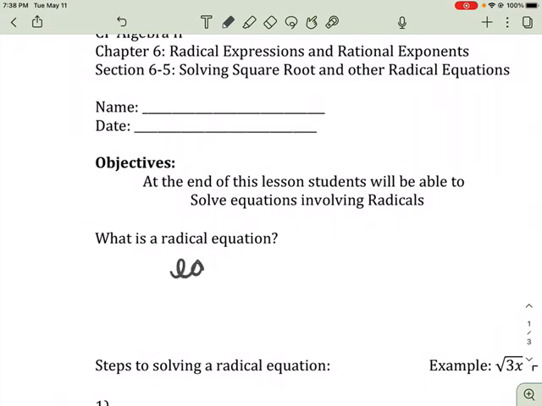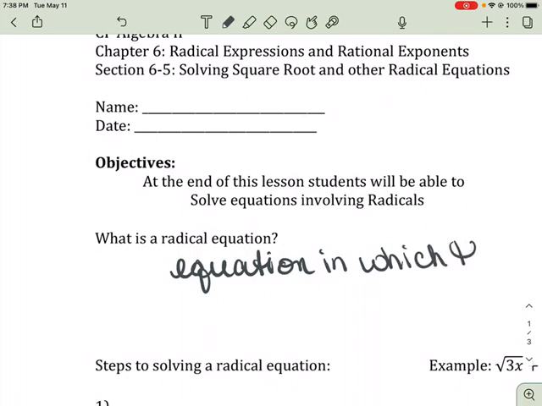Well, this is going to be an equation in which the variable is in the radicand.